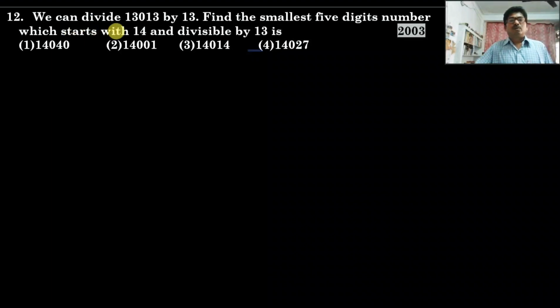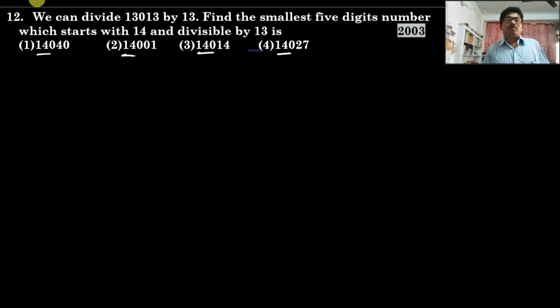12th question. Find the smallest 5-digit number which starts with 14 and is divisible by 13. First we have to take numbers that have 14 as the starting digits.